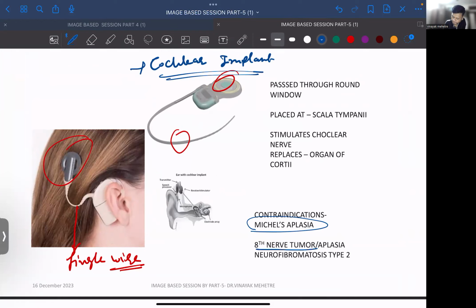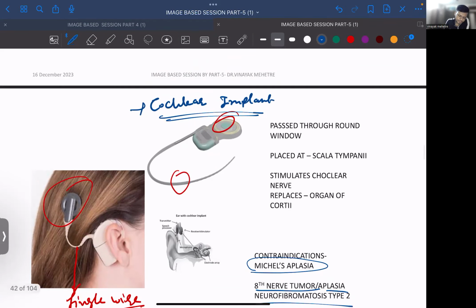Reason being, nerve and brain is gone, right? कब यूज करेंगे? Uses: bilateral sensory neural hearing loss, right? The contraindication of BAHA are the indications of cochlear implant. And एक क्वेश्चन आता है, ट्रिकी है.